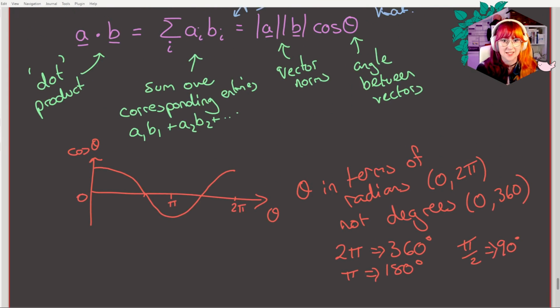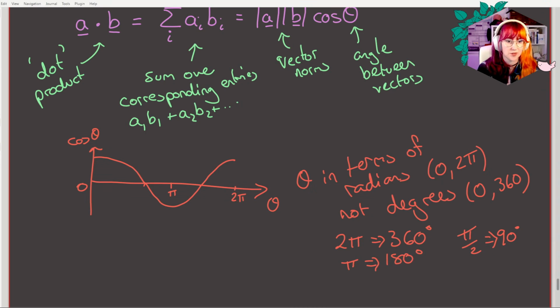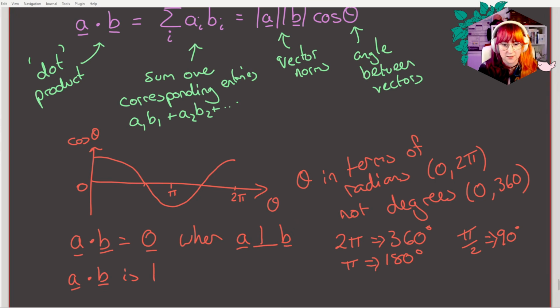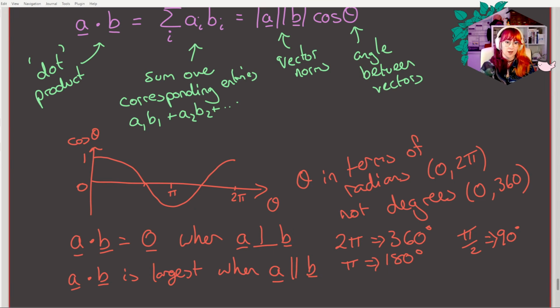Essentially what you have is that this tells you that A dot B is equal to 0 when A is perpendicular to B, and A dot B is largest when A is parallel or anti-parallel to B. So when they're aligned to each other, you're at 1 or minus 1.